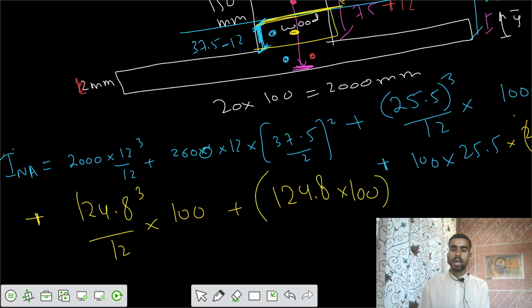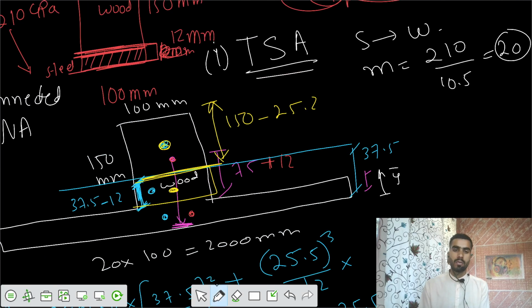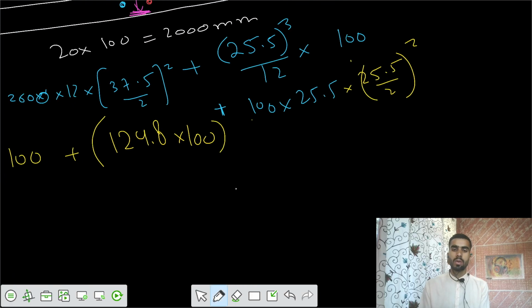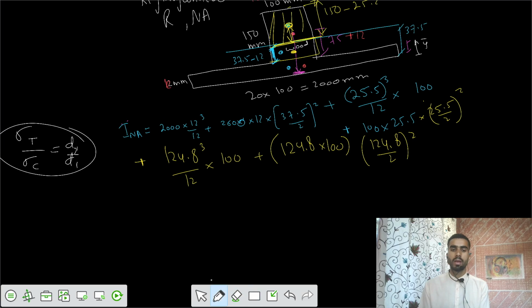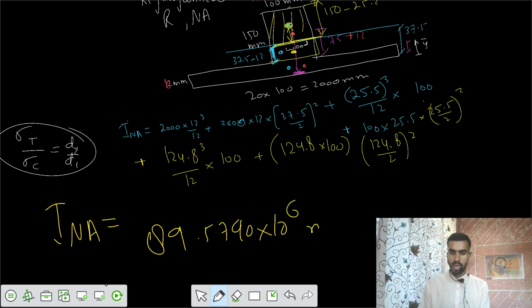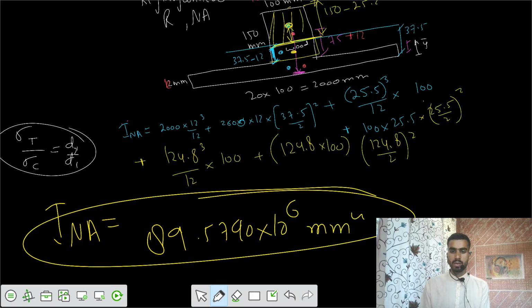This is your area, and the centroidal distance from the neutral axis for this area is 124.8 divided by 2, whole square. So we got the different contributions of that moment of inertia. We got this value of INA equals 89.5790 into 10 to the power 6 mm to the power 4. So this step is over.